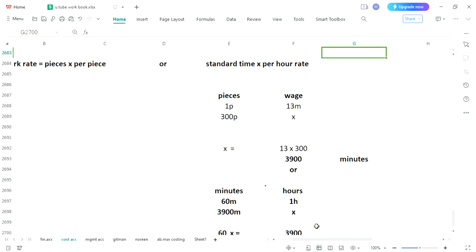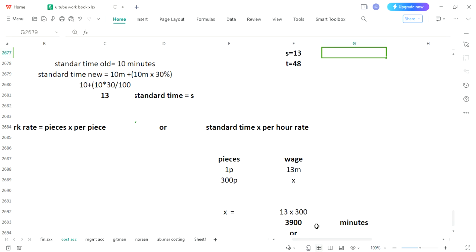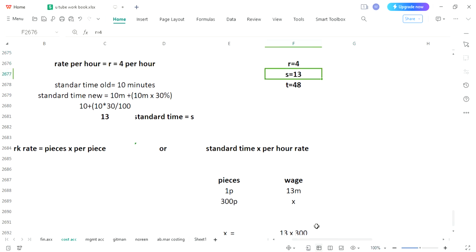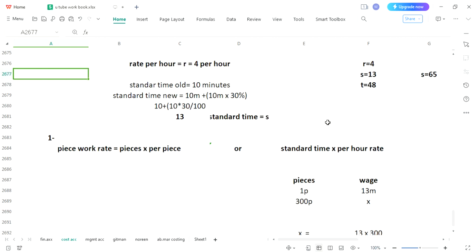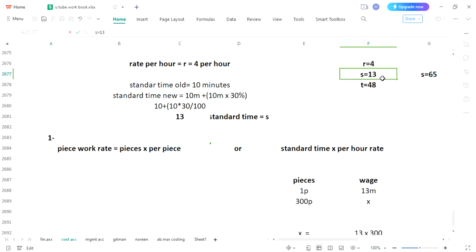Alright, so let's go back where we have put standard time per minute, and we have got standard time as a whole, and that is 65. So hopefully you have understood these 13 minutes were given in the question. 10 plus 30 for single unit, and for 300 units this standard time was calculated.